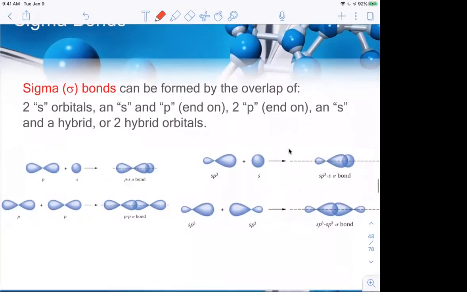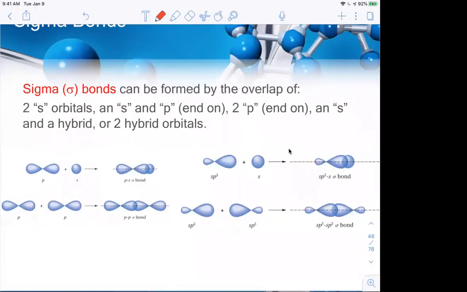So here's an example. I could have a p and an s, which forms a sigma bond. I could have a p and a p, which forms a pp sigma bond. I can have an sp3 and an s, which forms an sp3-s bond. I could have an sp3 and an sp3 overlap, which forms an sp3 sigma bond.